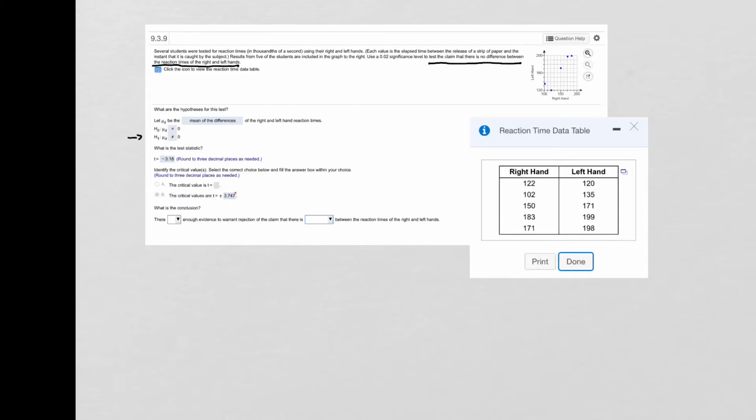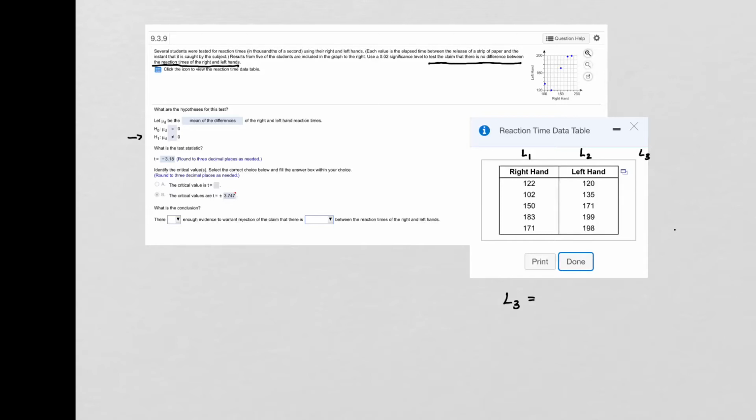So now how do I get the test statistic? We put our values for the right hand into L1, the values for the left hand into L2, and then we can make L3 the list of the differences. So in L3, we can make this either L1 minus L2 or L2 minus L1.